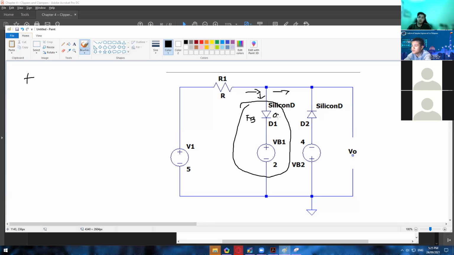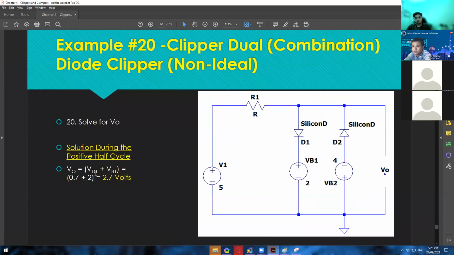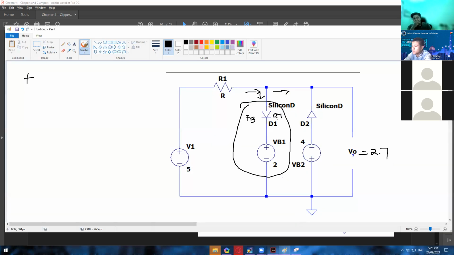And as you can see, we have positive 2 plus 0.7, we have a reading of 2.7 volts. Let me see if we have the same result. Yes, we have the same result, 2.7 volts. So we will only have a reading on the forward bias connection, which is this one. If it's reverse bias, just neglect that one.